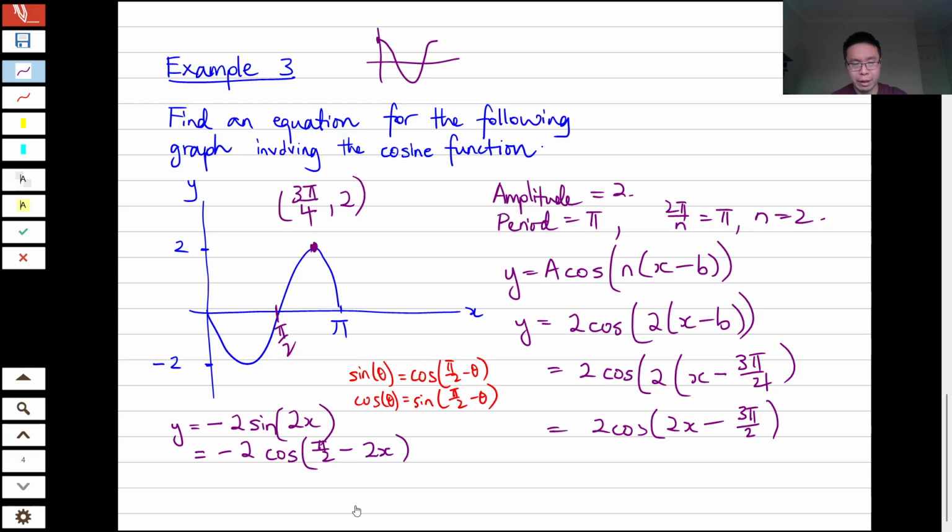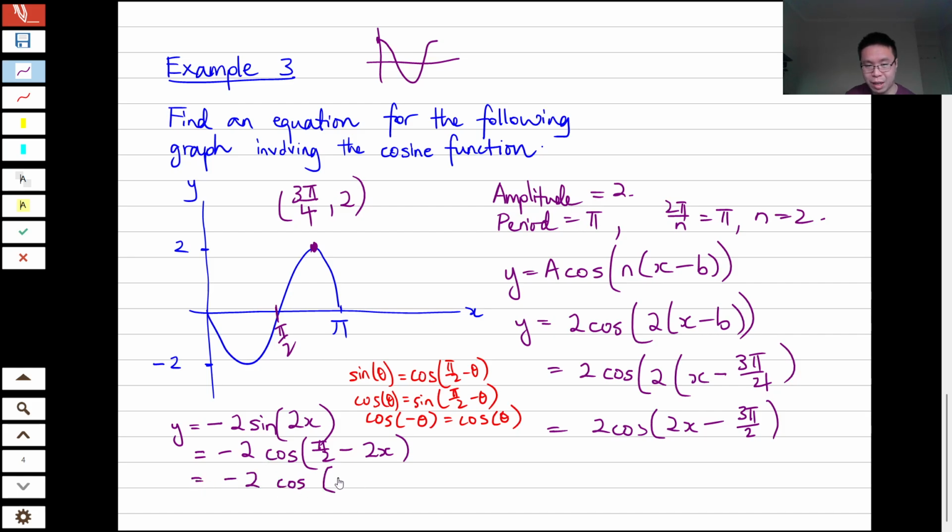Now it doesn't look like I've made much progress because I've got a negative value here. But remember, cosine is what we call an even function. So if I negate the angle, the value of cosine doesn't change.